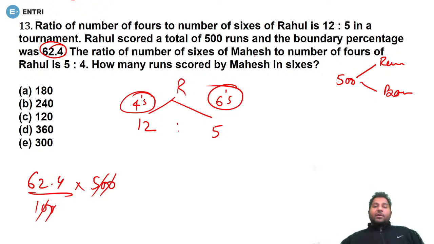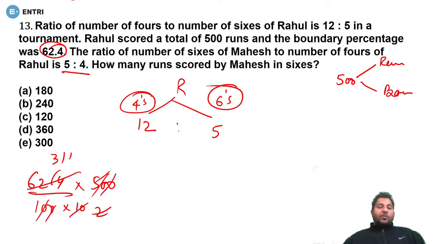The ratio of number of sixes of Mahesh to number of fours of Rahul is 5:4. 24:35, very good Rani, but it's a bit late I think. So divided by 10 as well, and then 2 and 3, 1, 4. Okay, 3, 1 and 2. Alright.